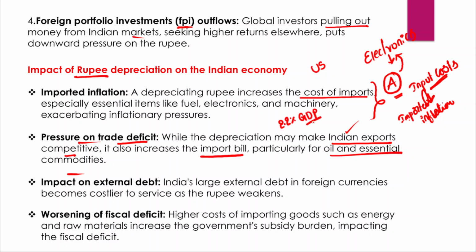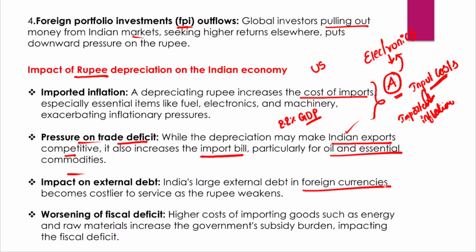And in fact, depreciation of the rupee will also impact the external debt that the country holds, because India's large external debt is in foreign currencies. So we need to repay our external debt in foreign currencies, particularly in US dollars, right?